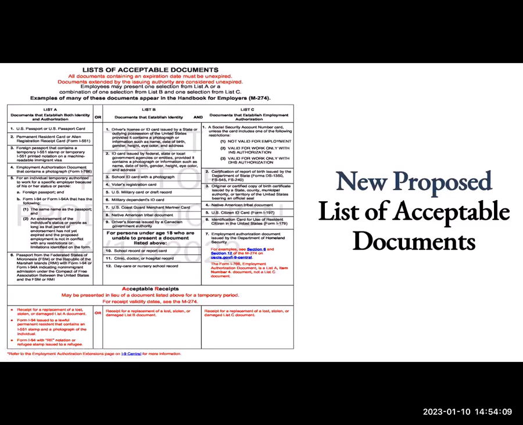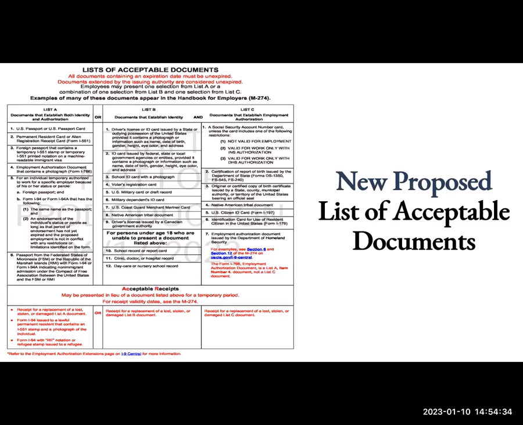They're going to say either not valid for employment or valid for work only with INS authorization, which would be a very old one, and the newer ones say valid for work only with DHS authorization. So you cannot accept a Social Security card as a list C document that has any of those notations.